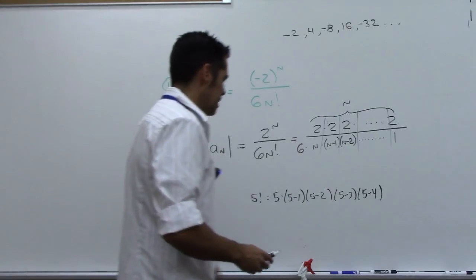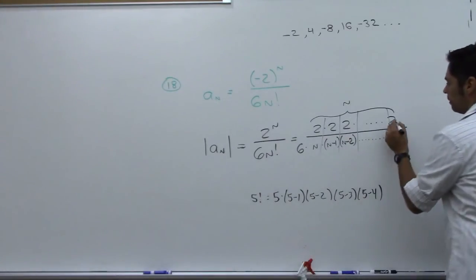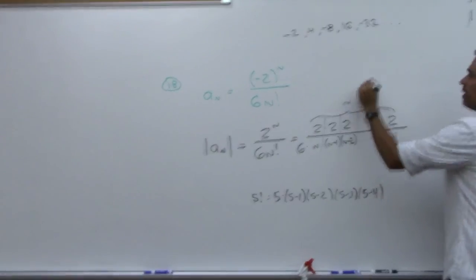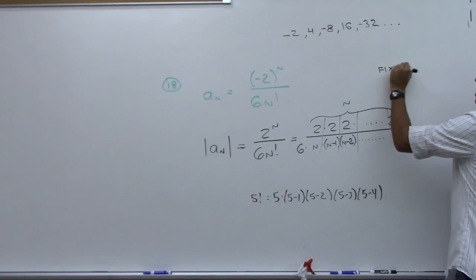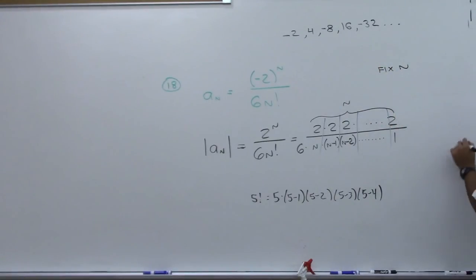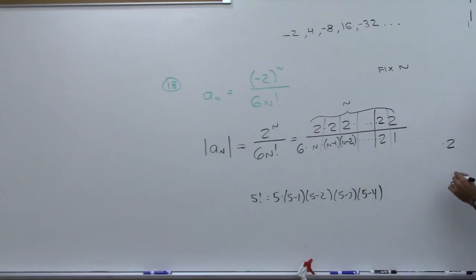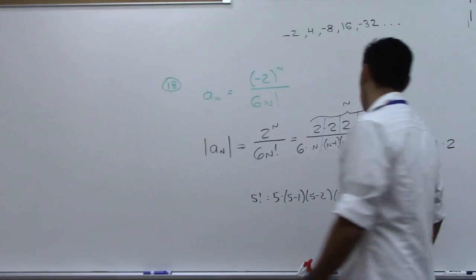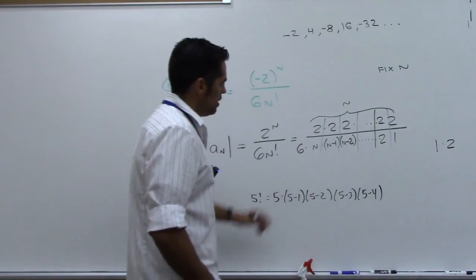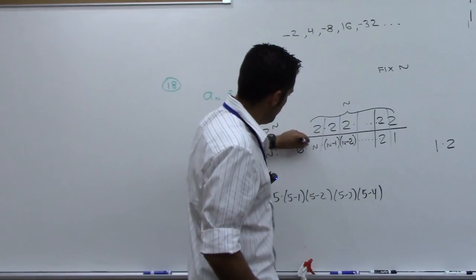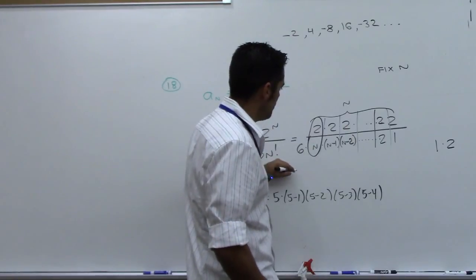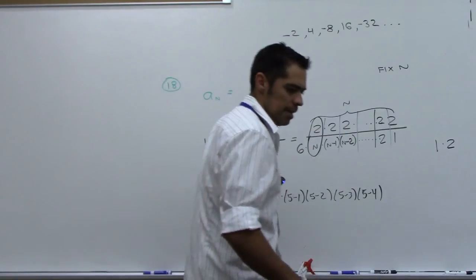So we know the last one, no matter what n is, if I fix n, the last one is 2. The one before it has to be 2, and this has to be 2, so we get 1. And then what happens to each of these other ones? Which is bigger here?